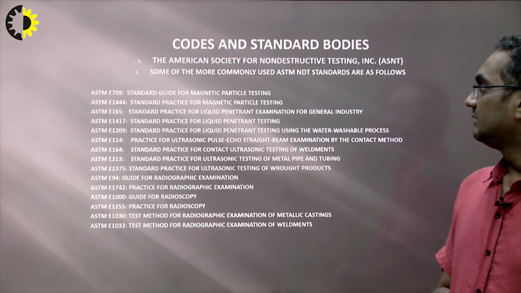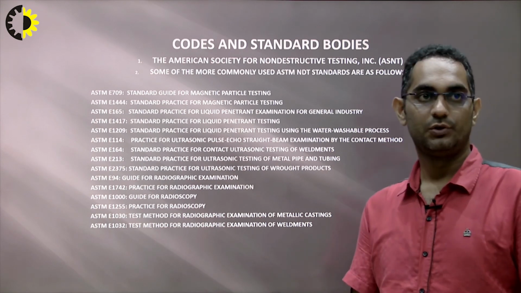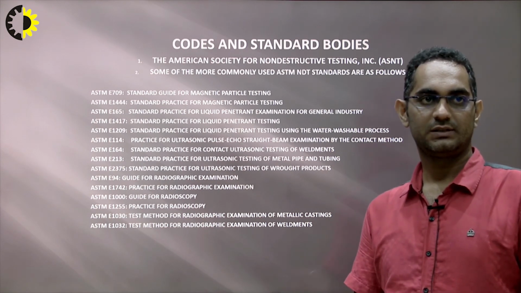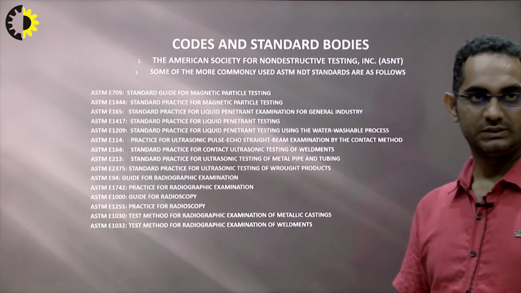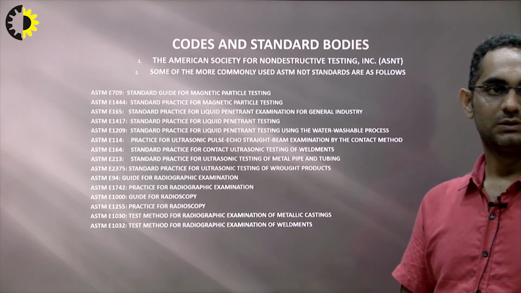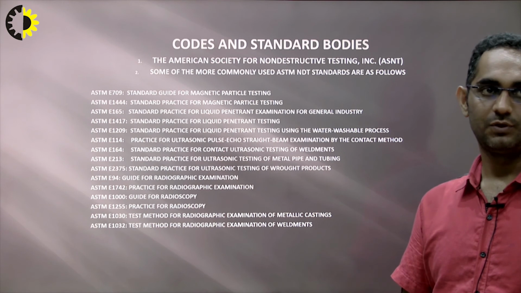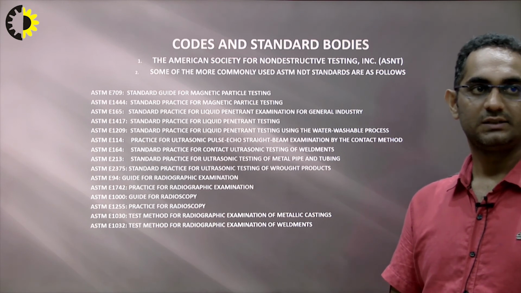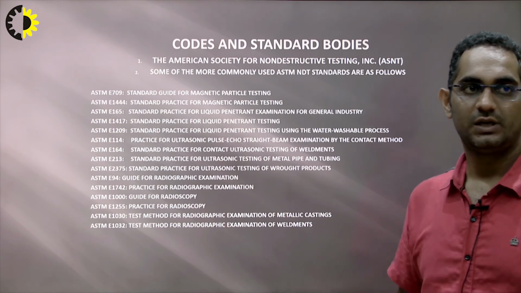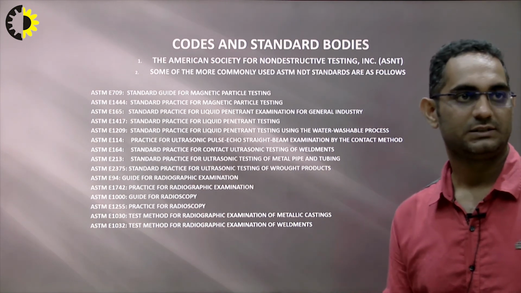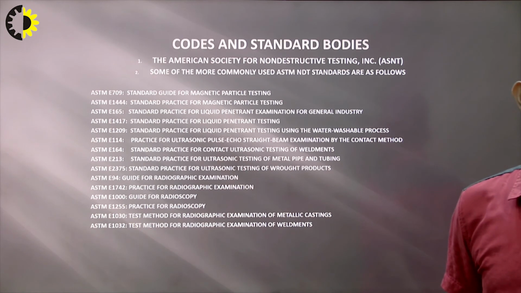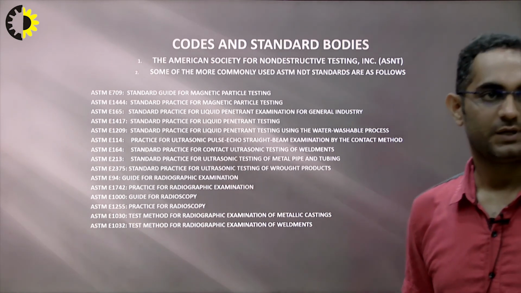Then codes and standard bodies. There is the American Society for Nondestructive Testing, and there are codes that give particular guidelines, called the ASTM standards. The first is ASTM E709, standard guide for magnetic particle testing.